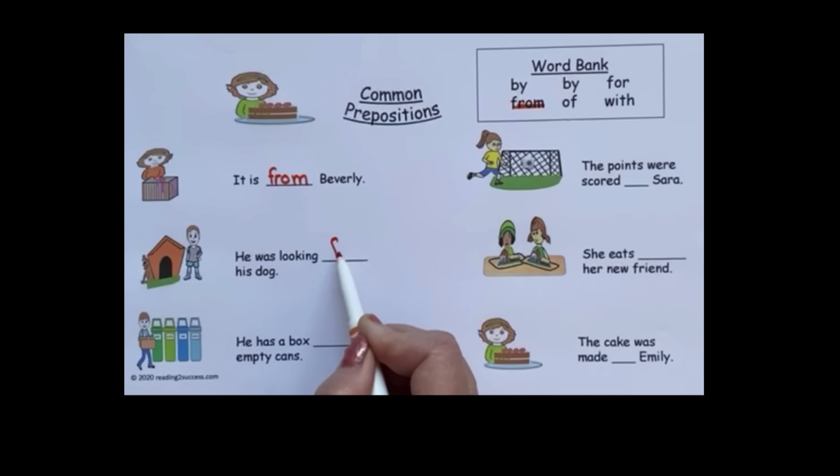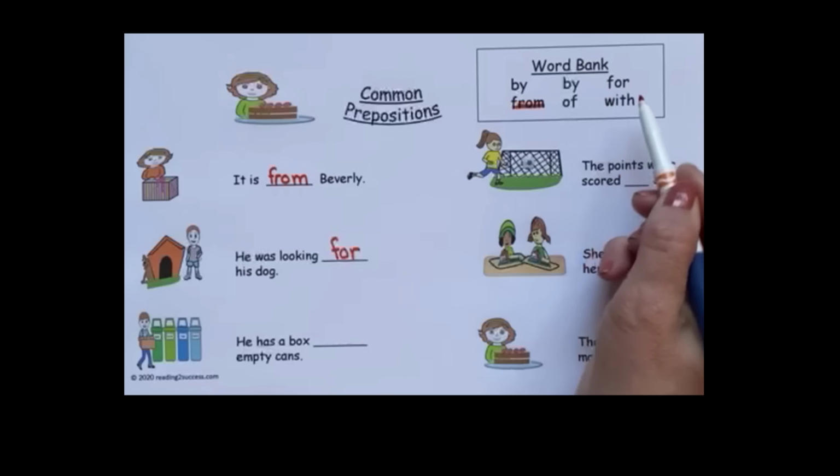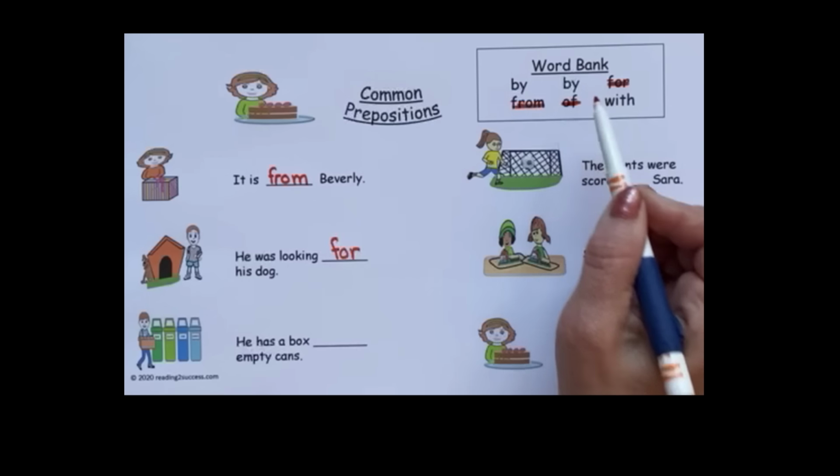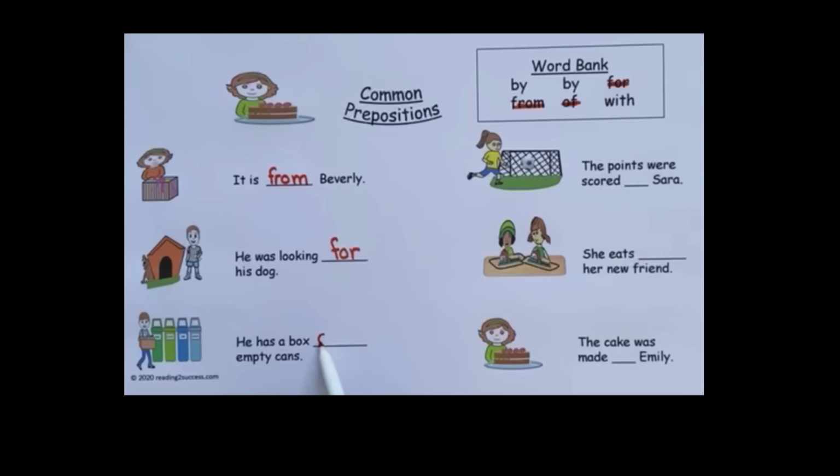So the preposition is for. Ooh, there it is. He has a box blank empty cans. He has a box of empty cans. Take off of and write of in the space.